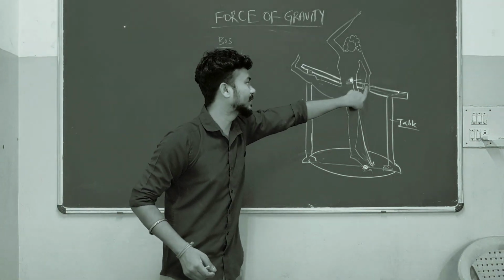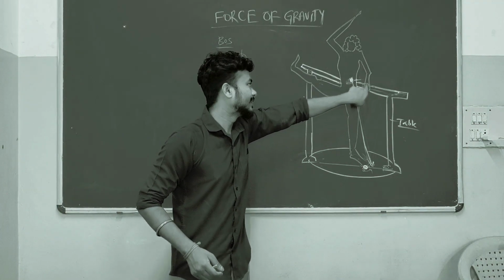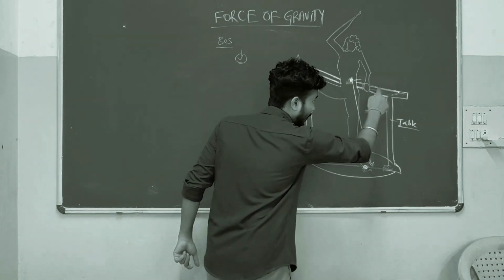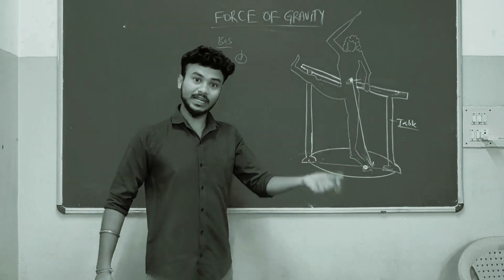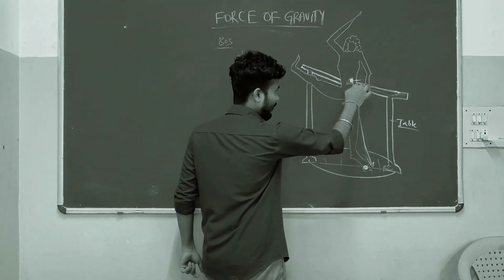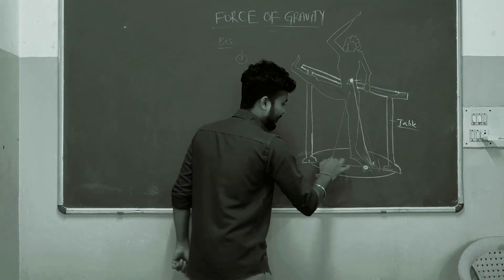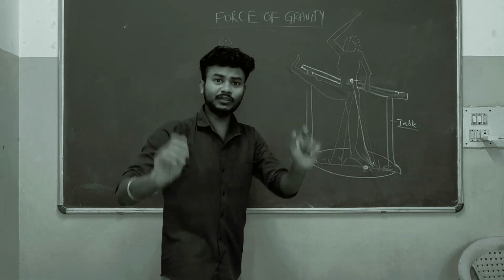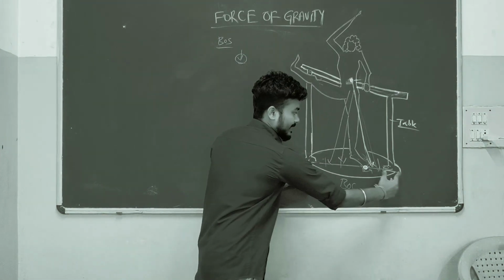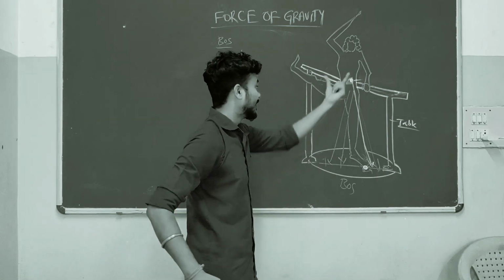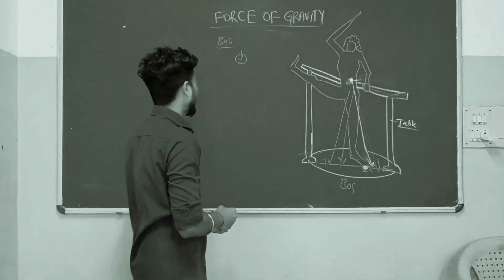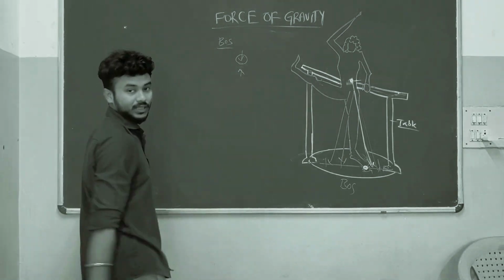Now this person is touching the table, so she also enters inside the base of support of that table. So if the line of gravity falls here, wherever it falls, it will be inside the base of support.